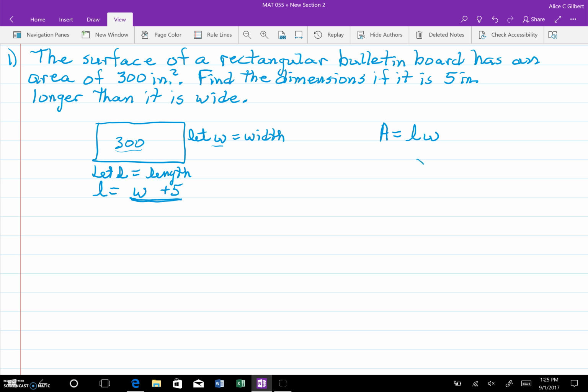Just as a reminder, perimeter, which is going all the way around something, okay? The formula is 2 times the length plus 2 times the width, okay? That's just a reminder. We don't need that here, but I just wanted to remind you of that in case you run across it here.